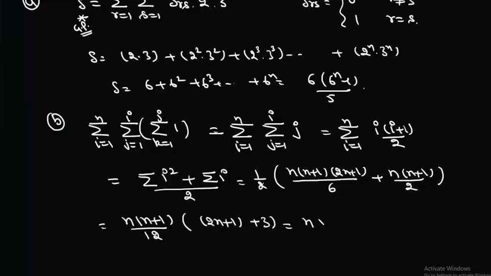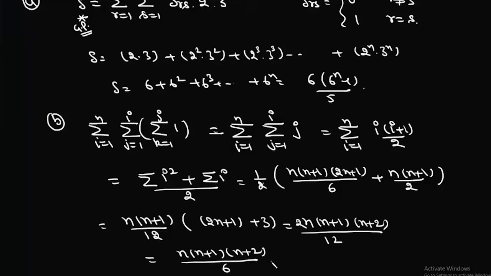So this is n into n plus 1, and this is 2n plus 4, which is 2 into n plus 2, upon 12, which we can also write as n into n plus 1 into n plus 2 divided by 6.